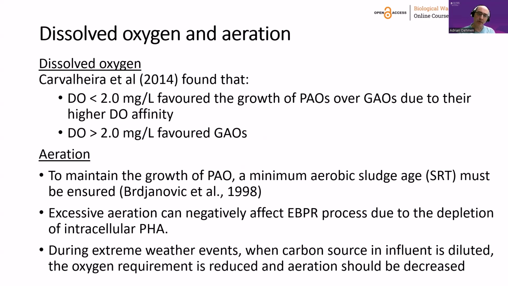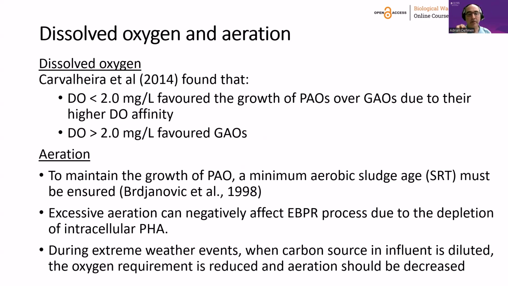But also, Burjanovic et al. showed that excessive aeration can negatively impact EBPR processes, and this is due to the depletion of intracellular PHA. Oftentimes under long aerobic zones or phases, your PHA will be fully depleted, and this can lead to PAO cells relying on other storage polymers in addition to PHA for the energy needed for their own cell maintenance.